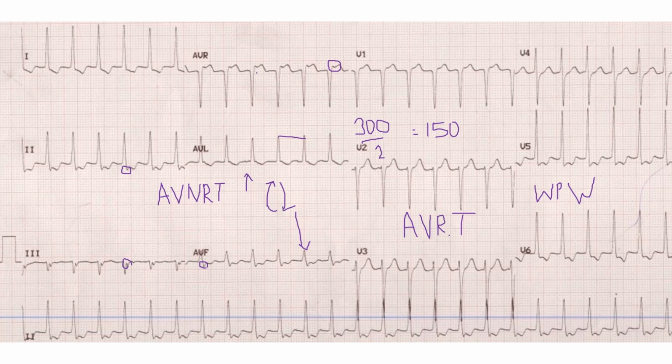So QRS is narrow. Only if you take an ECG after converting this tachycardia will you be able to see the slurred delta wave, and then there will be a P with a short PR interval. And of course there will be ST depression and T inversion, that is opposite to the QRS direction. Here we are seeing ST depression and T inversion.